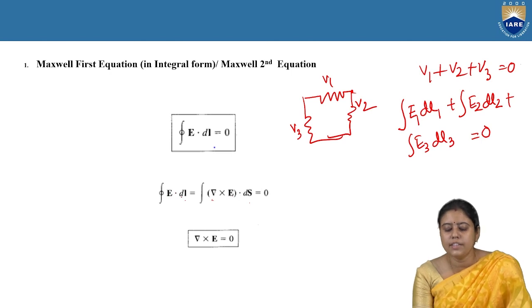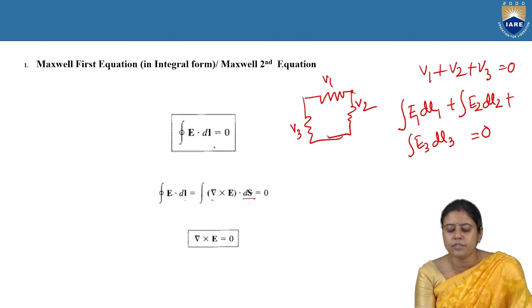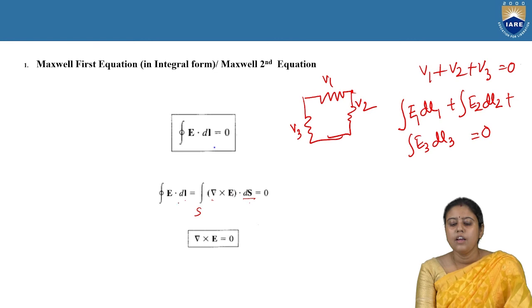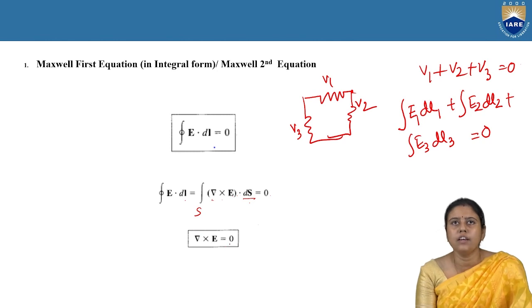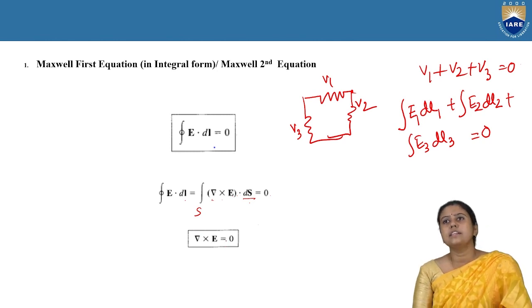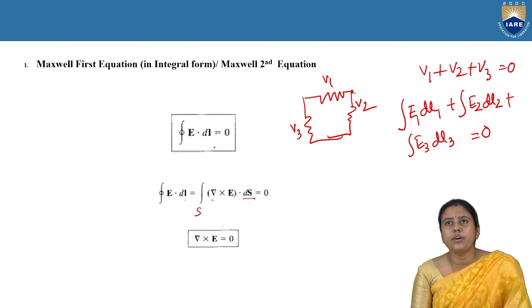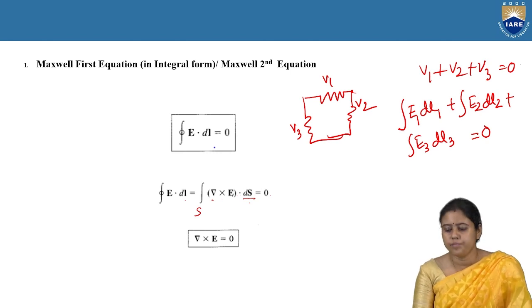So we are changing the line to surface. This is the surface integral. So grad cross E dot dS is equal to 0. If we compare these two equations, we get grad cross E equals 0, and this is known as the Maxwell's second equation.